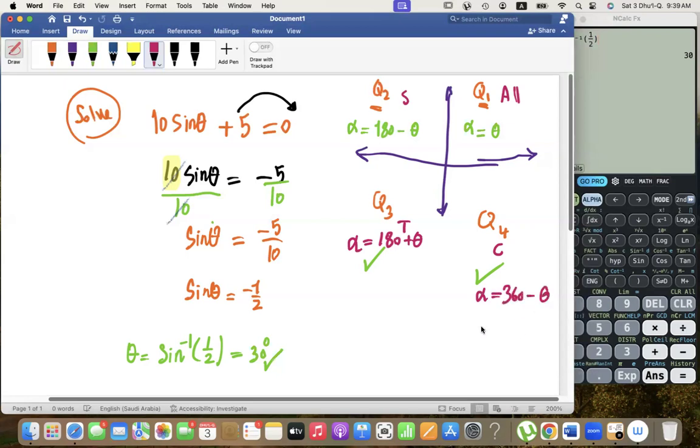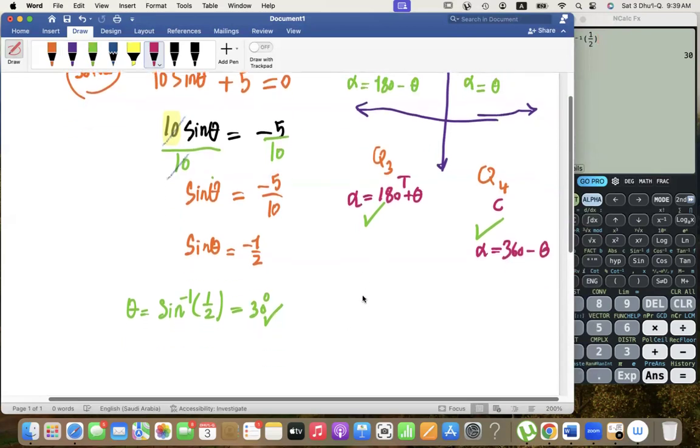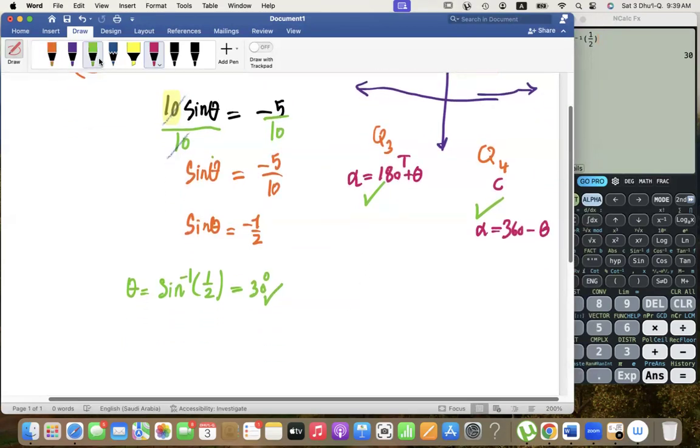Okay, so now our theta is 30, and since sine is negative, I know that it is negative in 2 parts, quadrant 3 and quadrant 4. In quadrant 3, alpha is going to be 180 plus theta, which is 30, so it is 210 degrees.